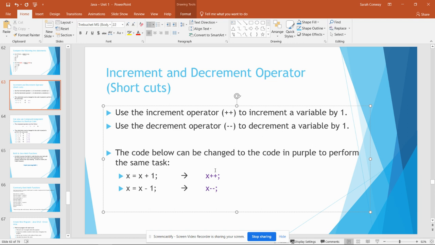If you want to do this more quickly in Java, you can simply write the line x++, and that will automatically do this same statement. And the same thing here with x--. If you know you need to just subtract one, you can use that statement as well in order to create a quick statement that you don't have to type out the full math for. So you can use those quick statements if you would like to quickly increment or quickly decrement a variable by 1.